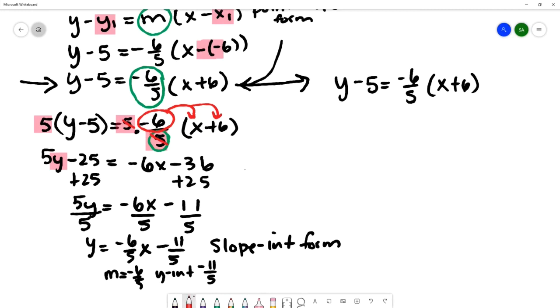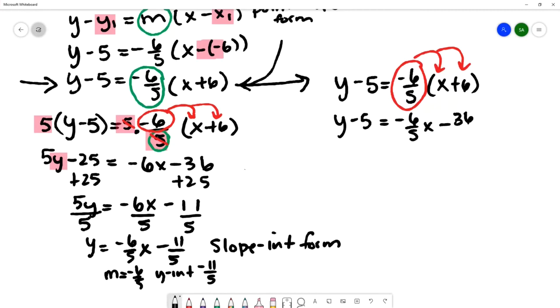You use the distributive property to get rid of the parentheses, and that gives y minus 5 equals negative 6/5 x and negative 36/5. So we've gotten rid of the parentheses. Now we'll isolate the y. I'll add 5 to both sides.